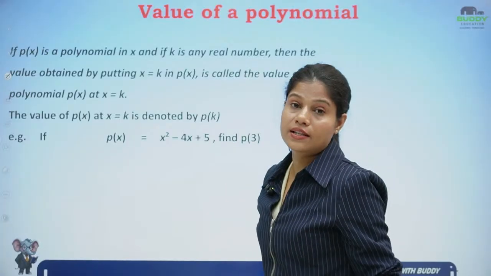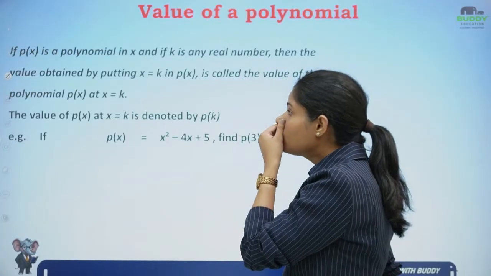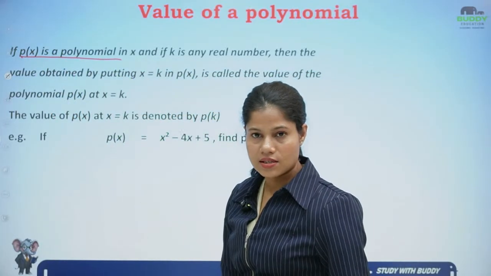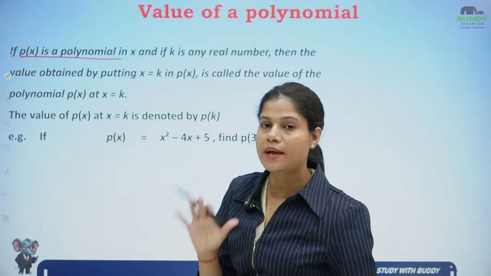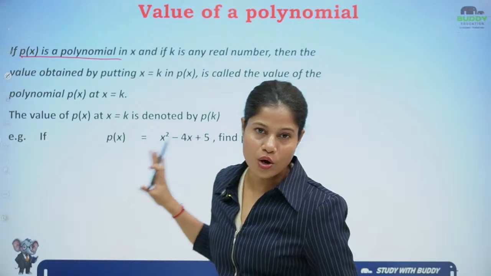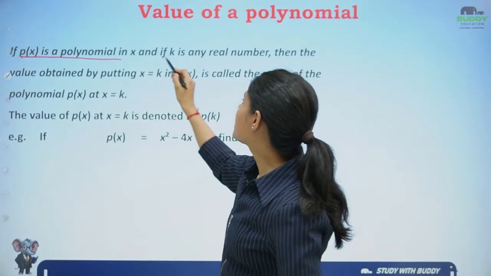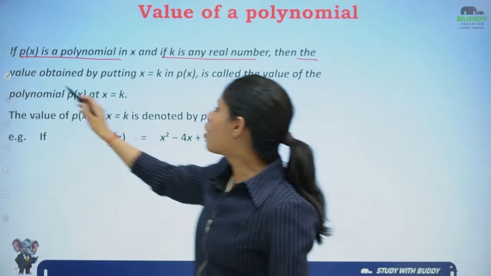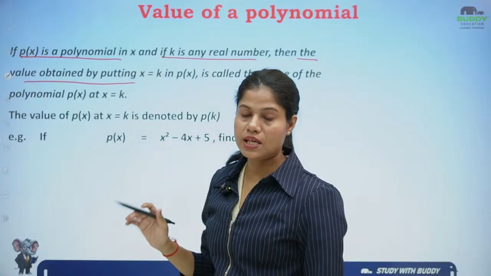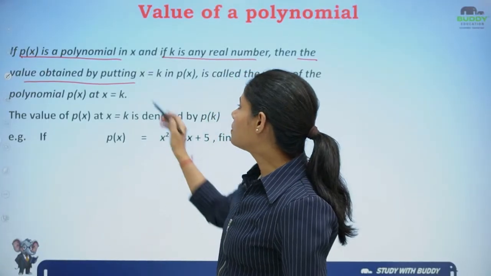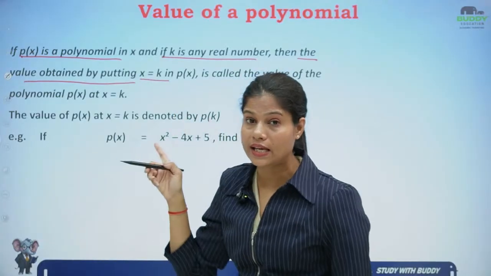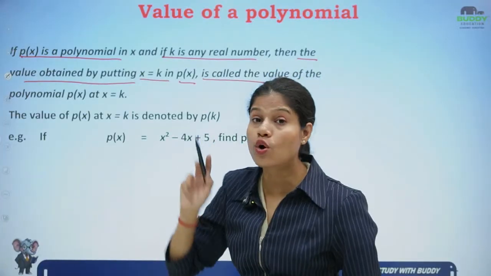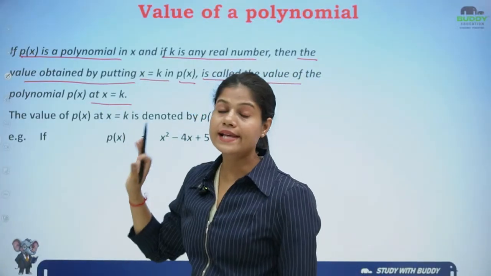When you want to find the value of a polynomial, you mean to say that if p(x) is a polynomial in x, it can be in x, it can be in y, but for now we are considering a polynomial in x, and if k is any real number, then the value will be obtained by putting x equal to k in p(x), and that will be called the value of the polynomial at that point x equal to k.